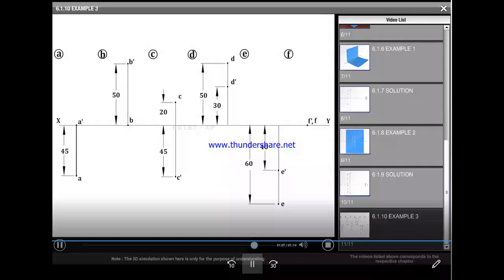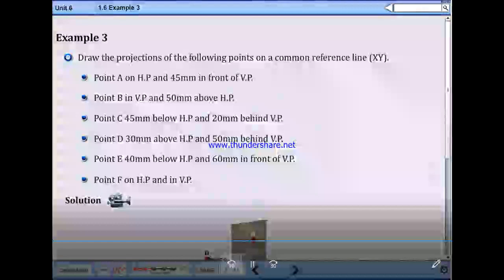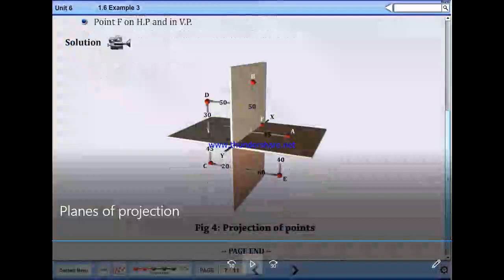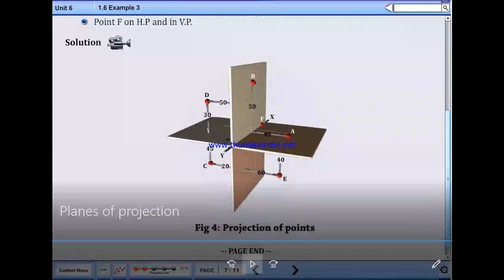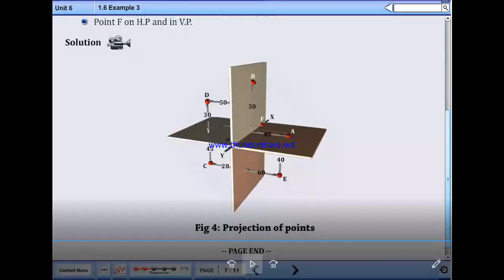Subdivision F. In this, both front view and top view will lie on XY line itself. Now note down in 3D projection of points as shown in the figure like this.